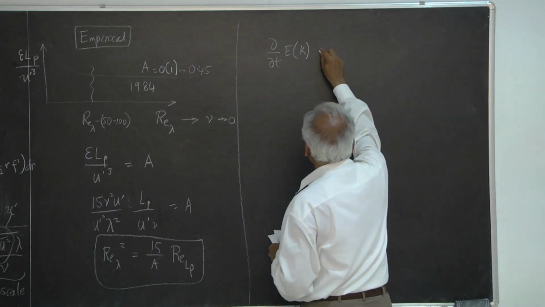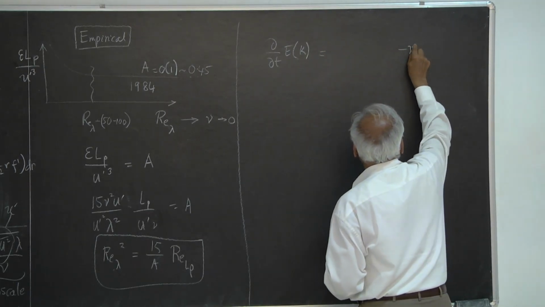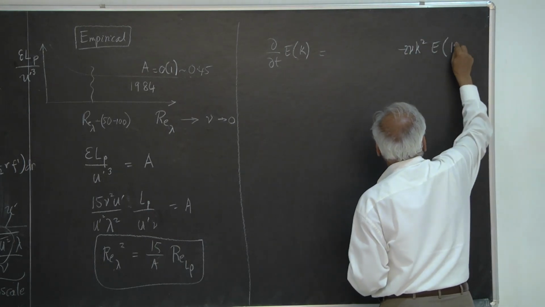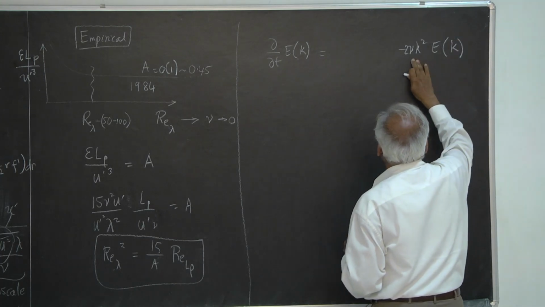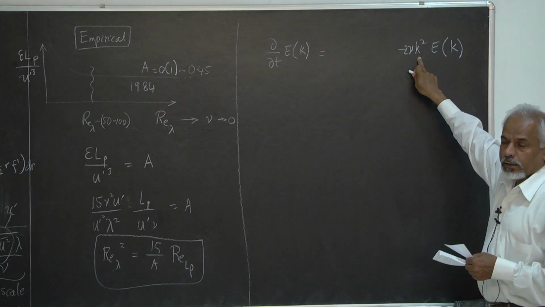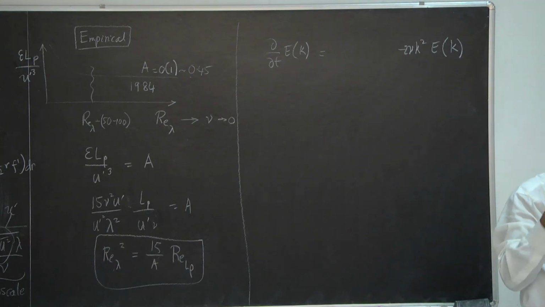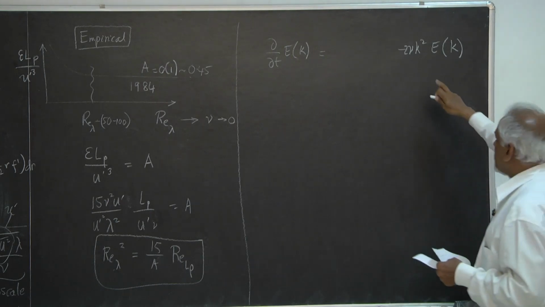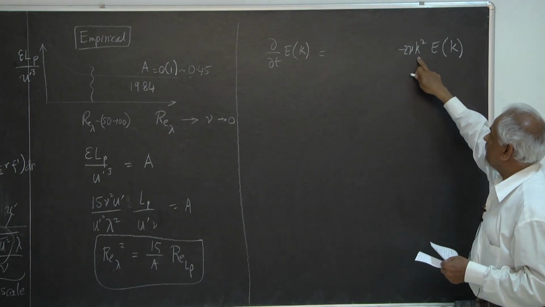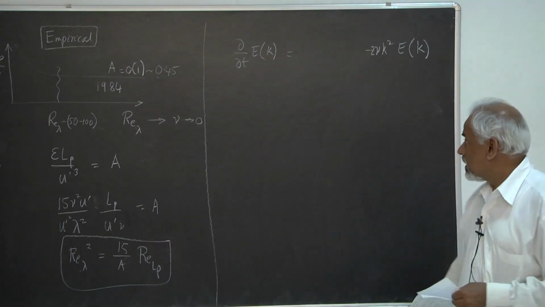This has two terms in it. One is the dissipation term, which is 2 nu k squared E of k. You remember where this k squared comes from. It comes from the fact that you have a second derivative in space, and each derivative in space gives an ik in the Fourier transform, and i squared k squared is minus k squared.